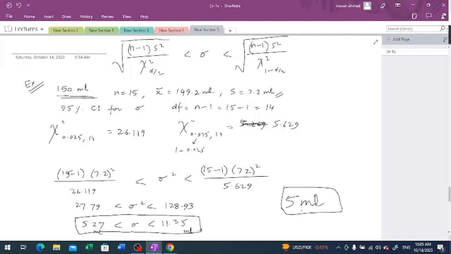So this is how we can make a comment and apply the principles of standard deviation in real life situations. Every brand makes sure that standard deviation should not cross the limits they have mentioned on their packaging.